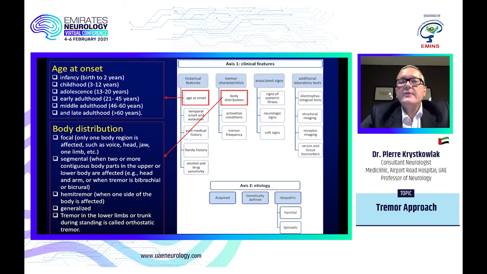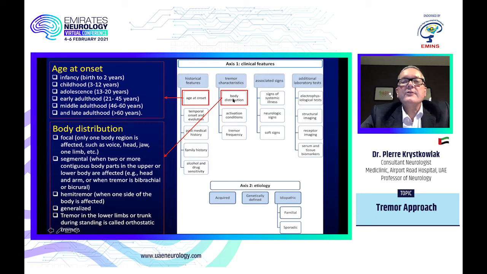So in this classification, you can see that there is an axis 1, which is clinical features, and an axis 2, etiology. And axis 1 is divided in historical features, tremor characteristics, associated signs, and additional laboratory tests. For example, in historical features, you have the age at onset, the temporal onset and evolution, the past medical history, the family history, the alcohol and drug sensitivity.